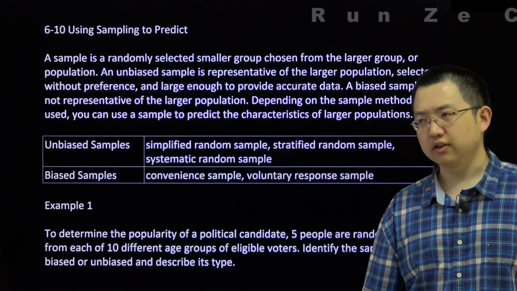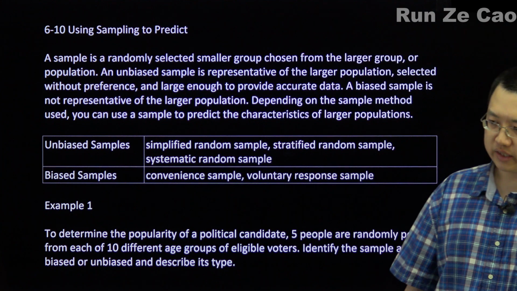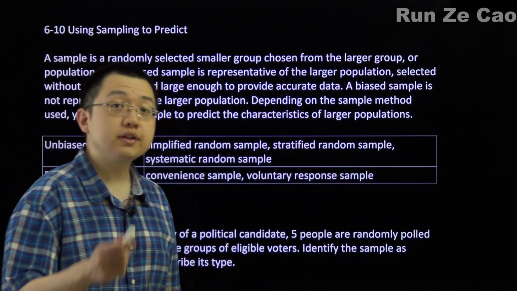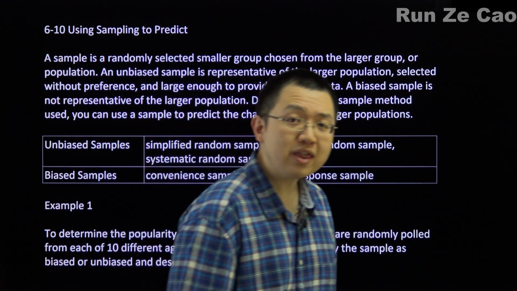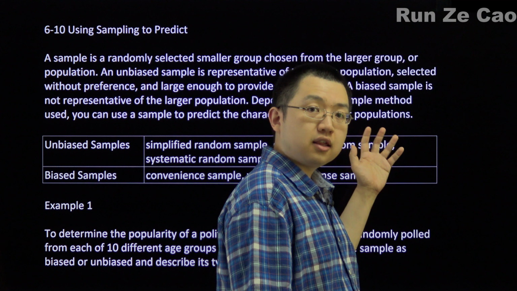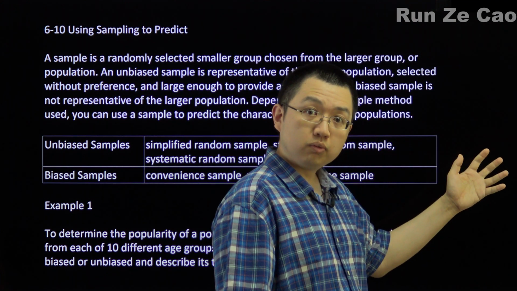If you're wondering what sampling happens to be doing in this chapter, if the sample is representative of the population, then it's proportional.